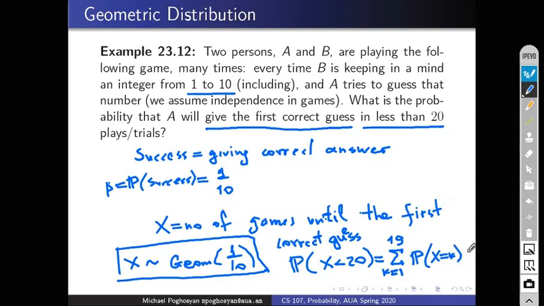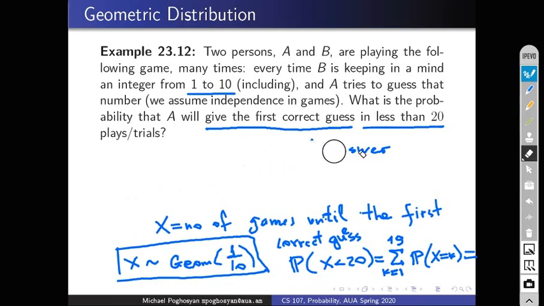Okay, and now if I will try to continue from this point, let me erase this part. So I'm erasing this and continuing from this point. Okay, so I need to add, K is running from 1 to 19.